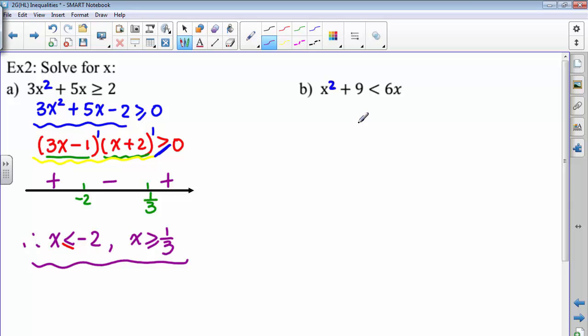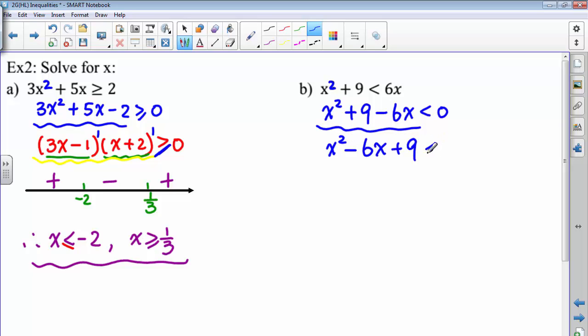Let's look at B. First step, let's move all the terms to one side and leave the right side to be 0. If you don't like this arrangement, we can rearrange the terms in descending order.